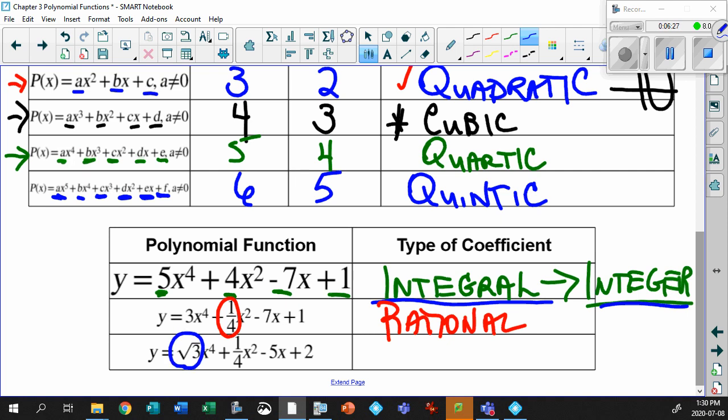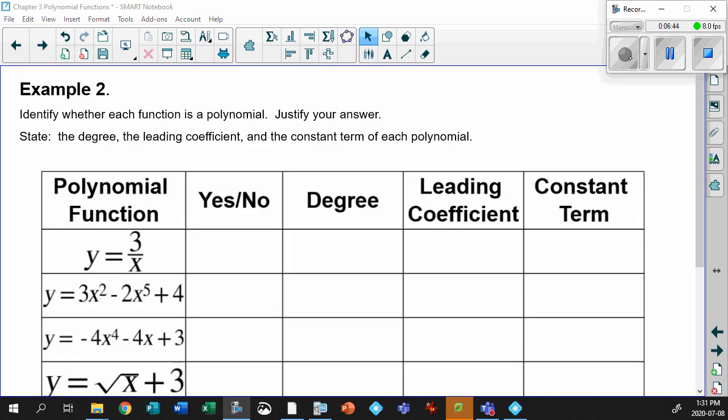It's got a square root in it. So being that this one has a square root, this is a real coefficient. In other words, that square root happens to bounce in there. Okay, so let's use all of these. I'm going to throw a whole bunch of polynomials at you.